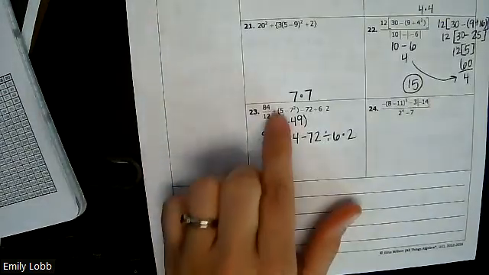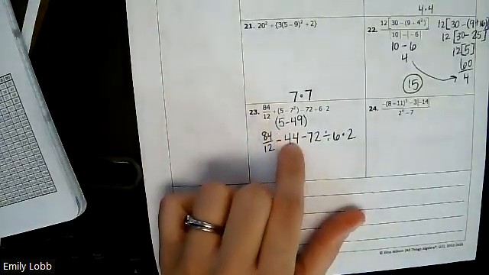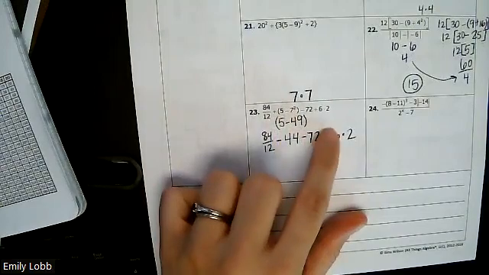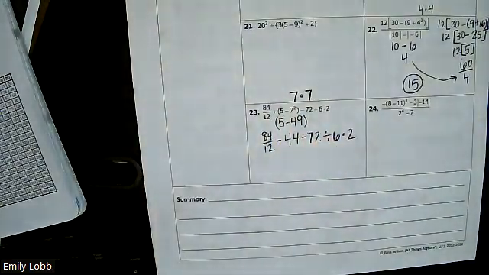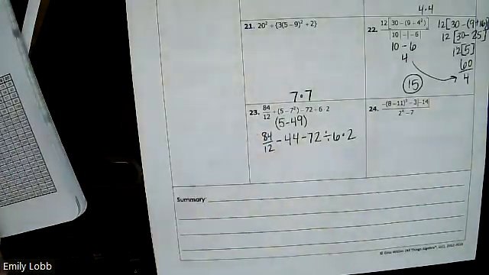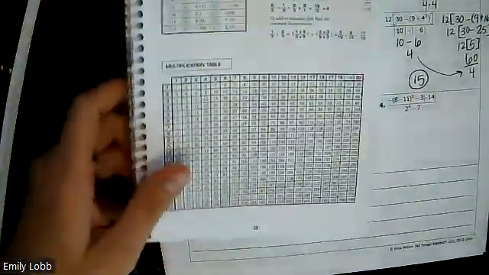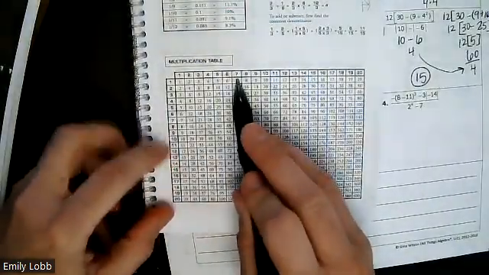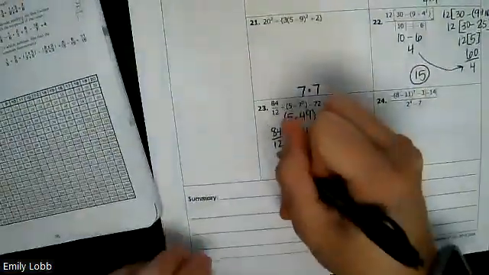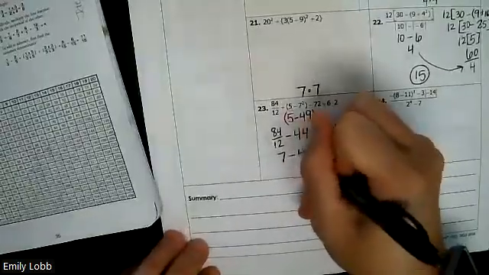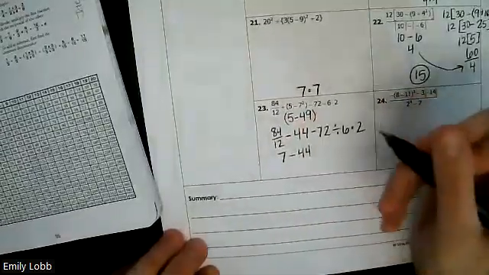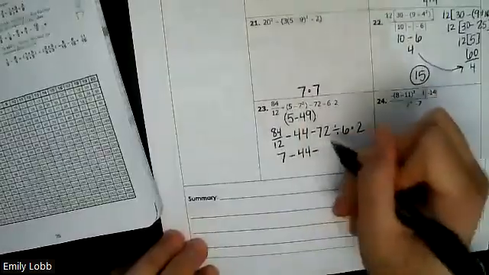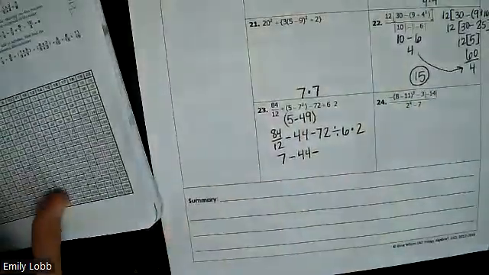Now we've done our parentheses. We've done our exponents, and we are multiplying and dividing from left to right. First thing I see is division. What's 84 divided by 12? So follow your 12 until you get to 84. Your answer is 7. 7 minus 44 minus, what's 72 divided by 6?